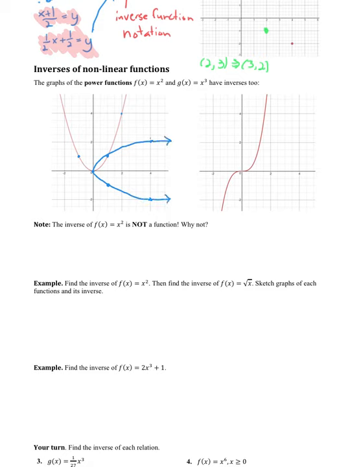Okay, now that inverse right there is not a function. When I take the inverse of x squared, it's not a function. Why not? Can't you not square a negative? Wait, no, that wouldn't do anything.